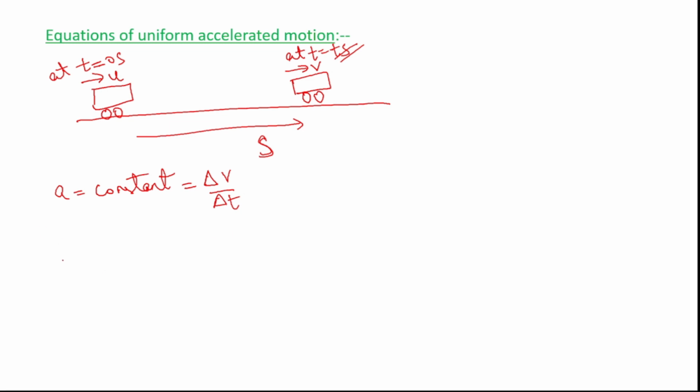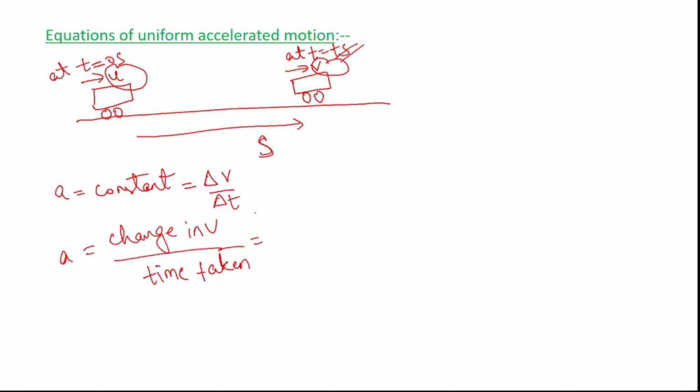Okay, now what do we know by the formula? Acceleration equal to change in velocity by time taken, right? So what is change in velocity here? How will we find the change in velocity of a moving object? Simply we will write final velocity minus initial velocity, right? So in this case, what is final velocity? It is v, and what is initial velocity? It is u, right?